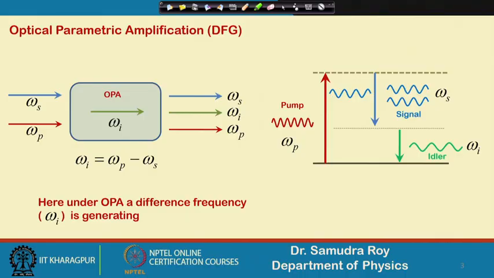Well, let us start with our old concept, optical parametric amplification for difference frequency generation. We launch omega p and omega s, two frequencies, and we find that omega s, omega i and omega p are present.